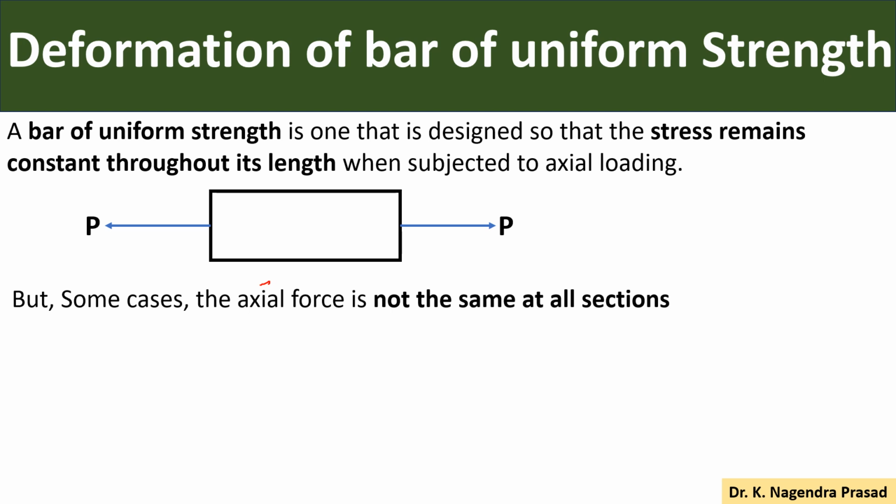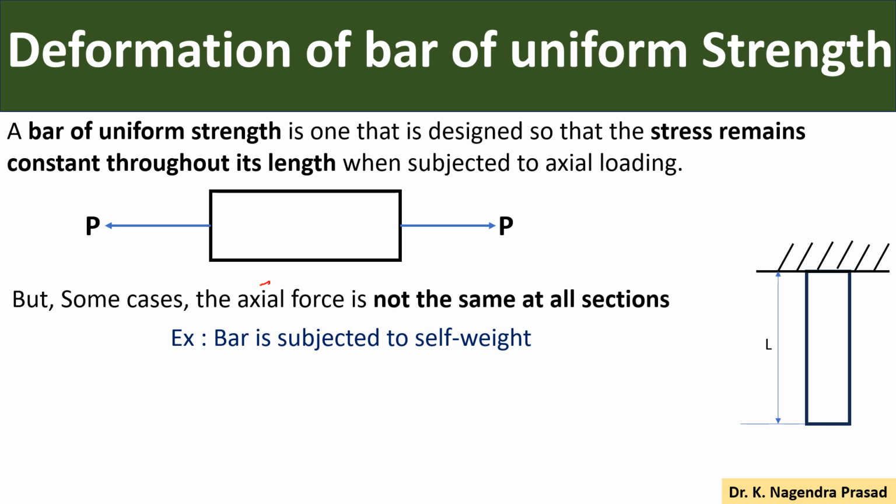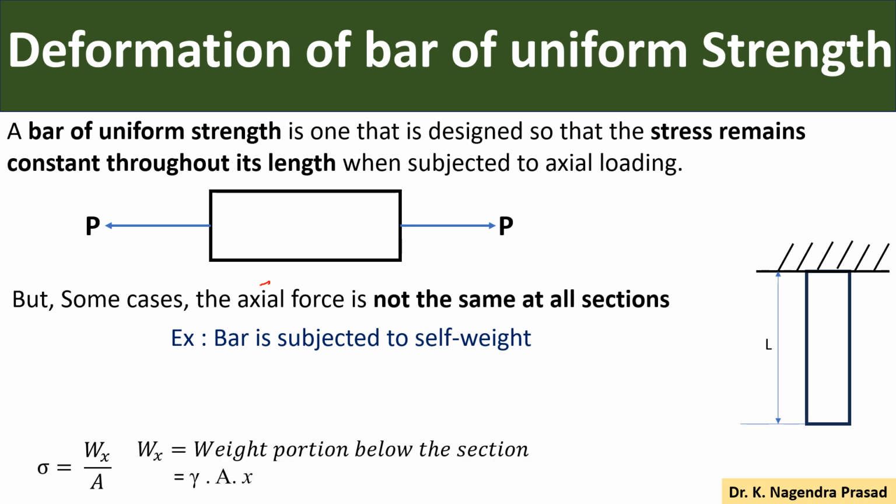But in some cases, the axial force is not the same in all the sections. For example, when a bar is subjected to its self weight. In the previous lecture, we discussed this kind of example, and we know that the stress sigma is equal to Wx divided by capital A, where Wx is the weight of the portion below the section, which is equal to gamma A x, where gamma is the specific weight and x is the distance from the free end.